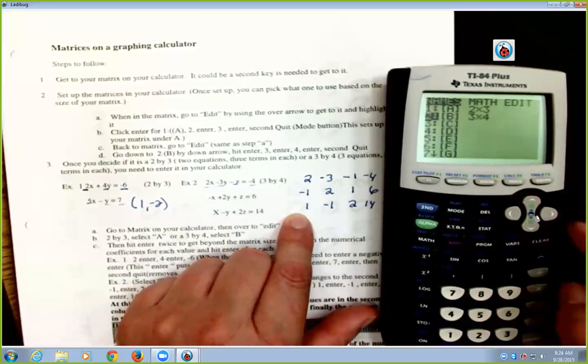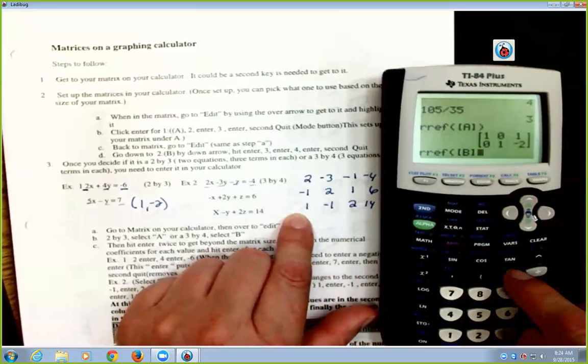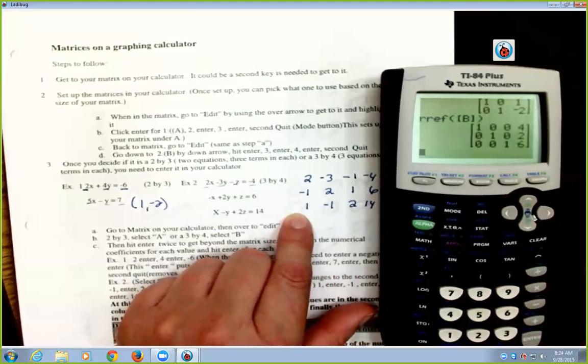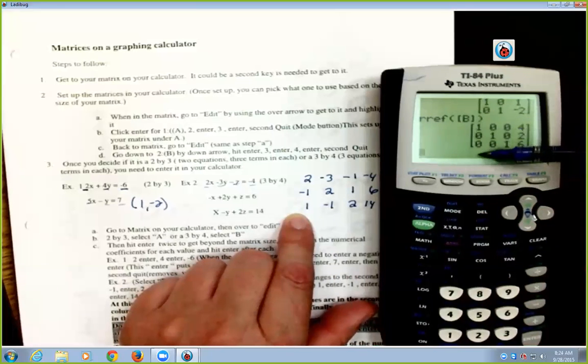And then down to B and hit enter, then close it in a parenthesis, and then what'll pop up will be your answer. Okay? Your answer is the X column, the Y column, the Z column, the answer column.